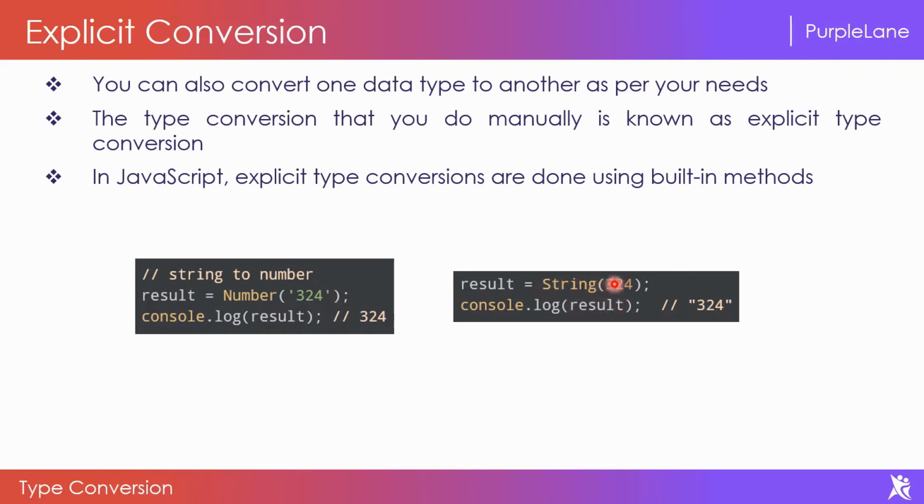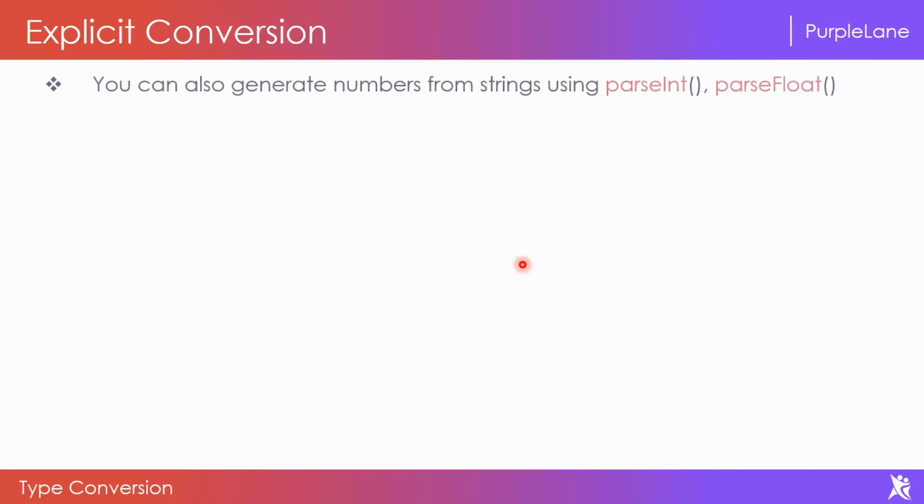It takes a number and returns a string data type. These two are the key built-in functions to convert data types. We can also use parseInt or parseFloat. parseInt takes a string and converts that into a number, and similarly parseFloat. Now let's jump into a browser and explore all of this with examples.